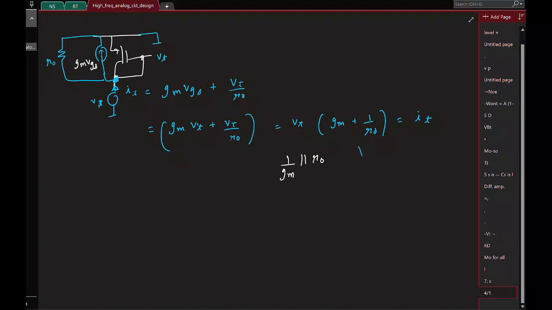So I can also write it as gm plus gds. The conductances are getting added, so the resistances will be in parallel. So approximately this is 1 by gm. Anytime you have a transistor whose gate and drain are connected, the looking-in resistance is approximately 1 by gm all the time. Okay, great. So now we have found the short circuit gm.